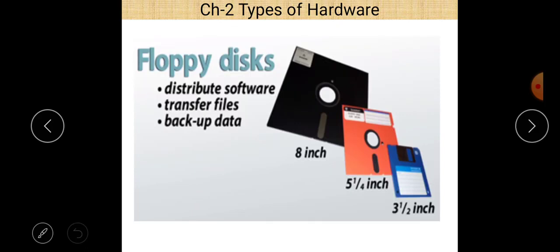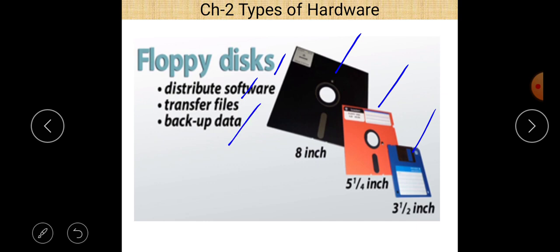These are the different sizes of floppy disk: 3.5, 5.25, and 8-inch. Using a floppy disk, we can distribute our software, transfer files, and back up the data.